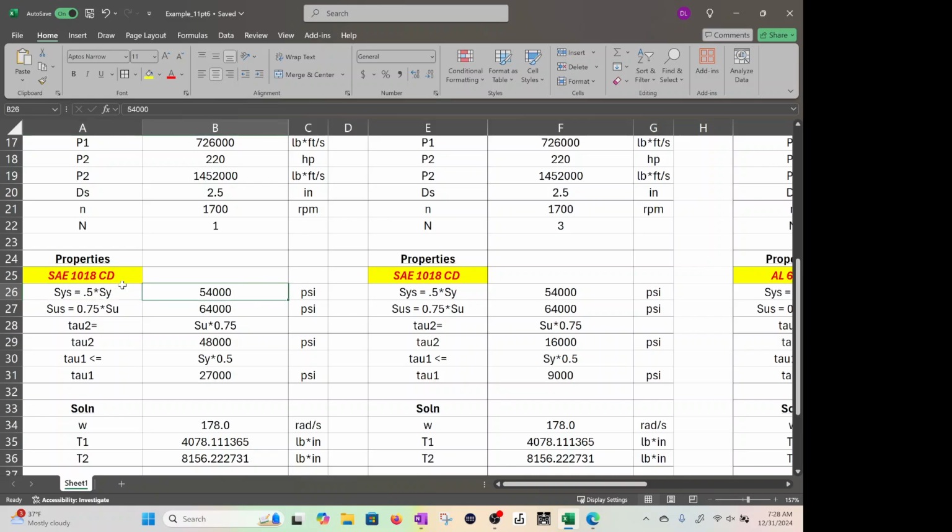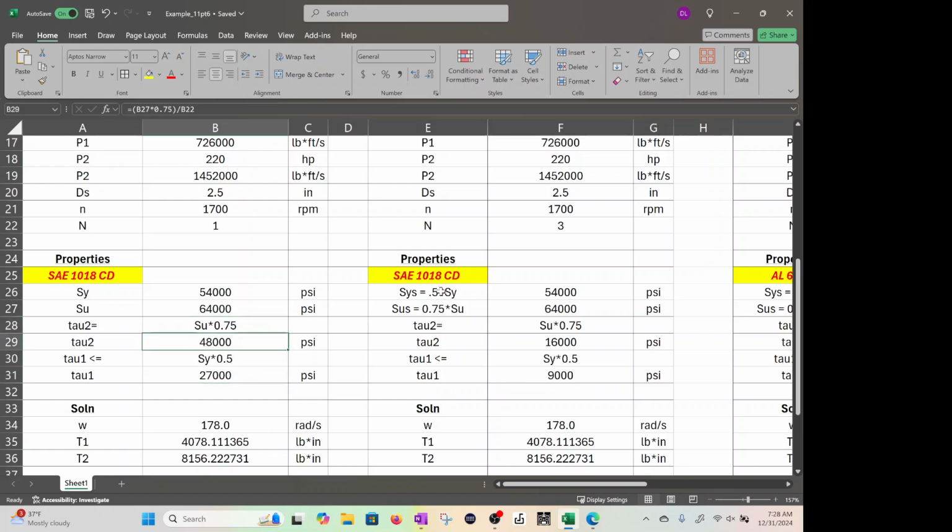All right, we have pretty much SY. Oops, sorry, this is SY. I was doing something with SU. Okay, I'll fix that, don't worry about those. And then this is your tau 2 that we talked about. Tau 1, right? Our rules for designing.